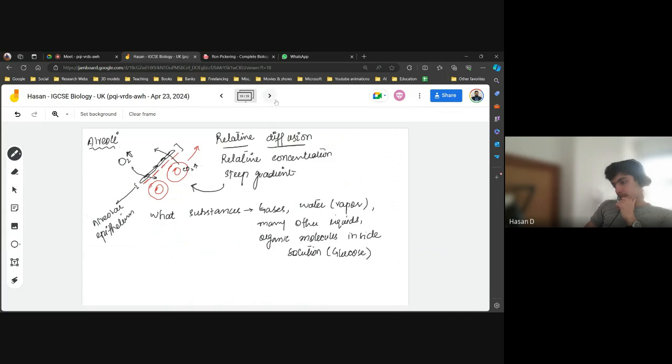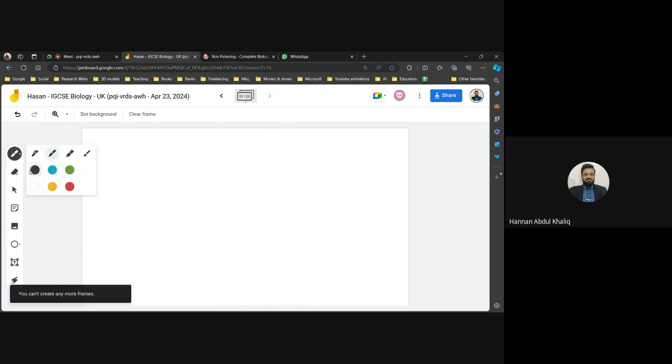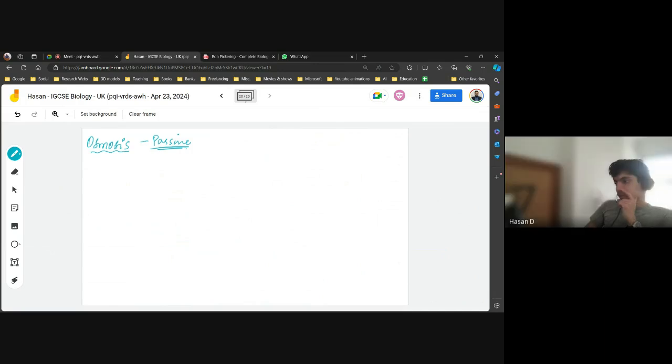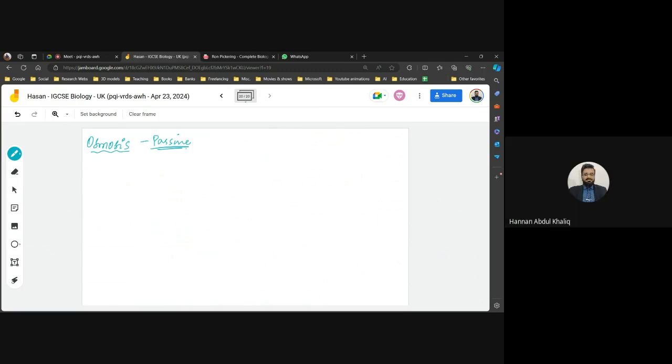The next type of passive movement is called osmosis. Again, passive. Do you know about osmosis? The diffusion of water. Okay, so if it is the diffusion of water, then why do we need to separate osmosis from diffusion?